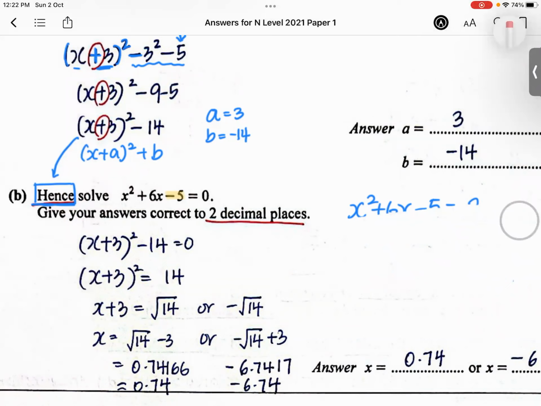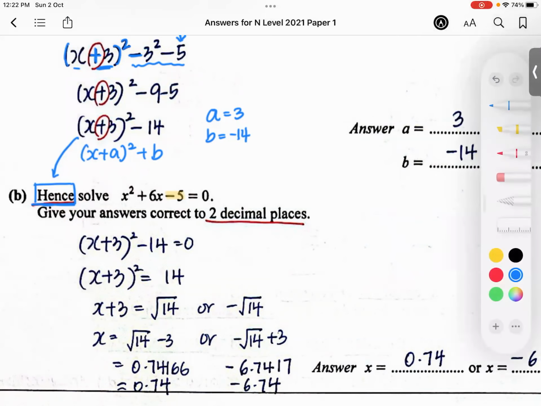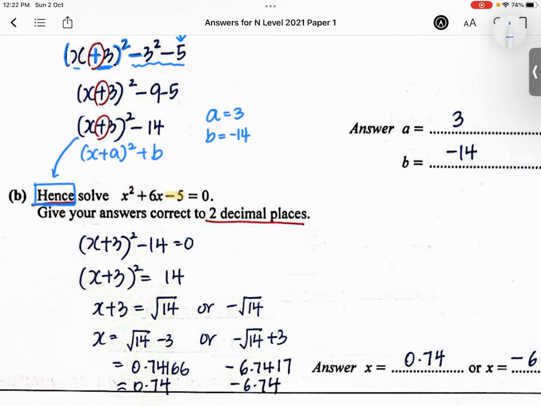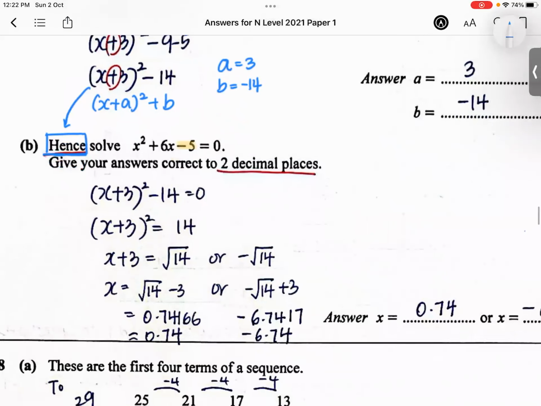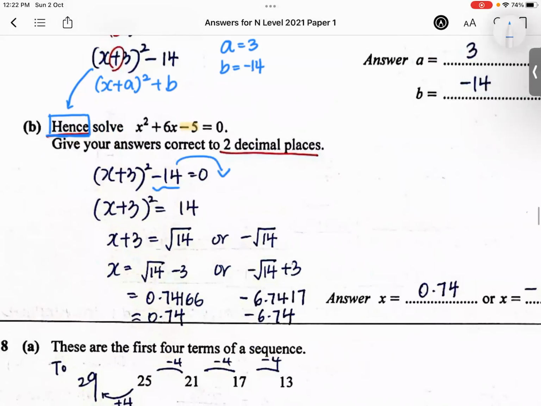Okay, so this one was just a sidetrack. If I have this question, you should know how to do it. Bring the negative over to the other side, -14. If you realize that when you bring it over, it becomes a negative number and you cannot square root, and yet they ask you to solve for 2 decimal places, that only means your working in part A has an error. So better go back and check your answers.